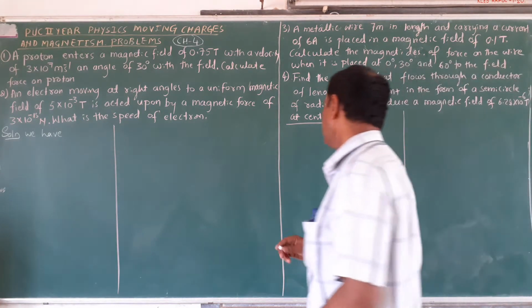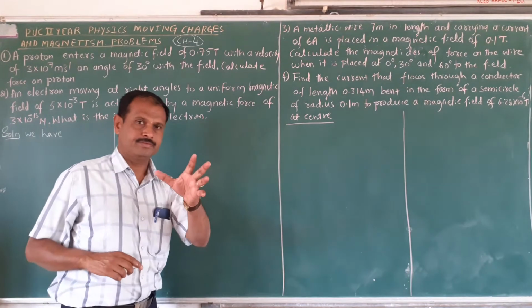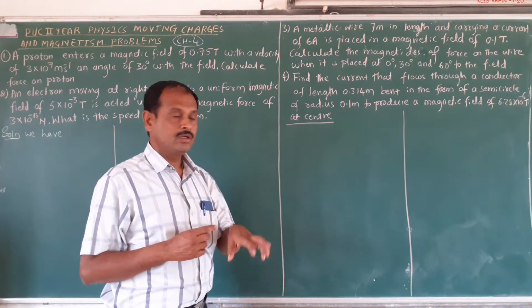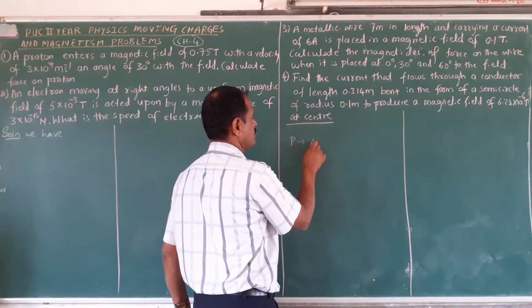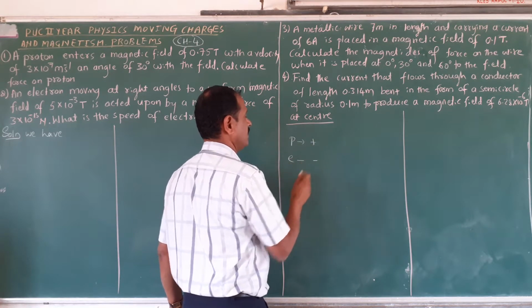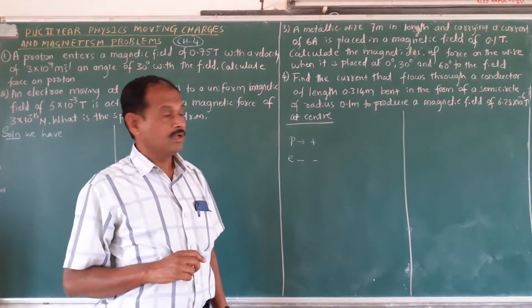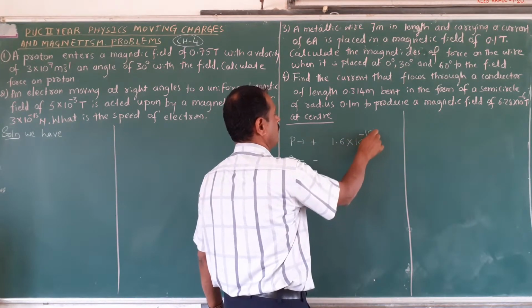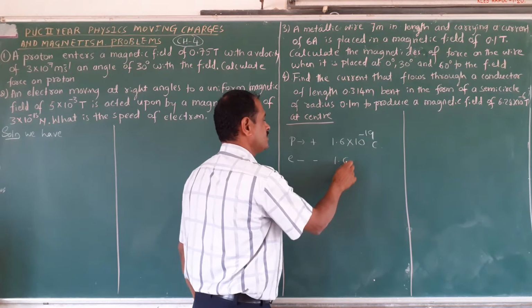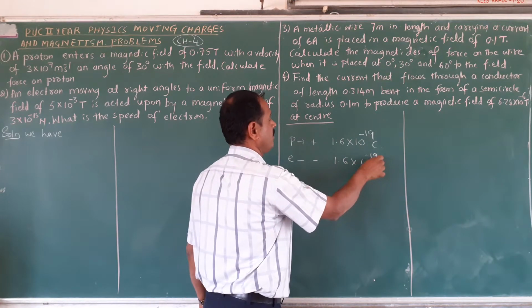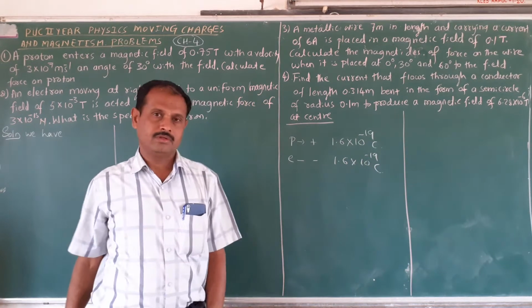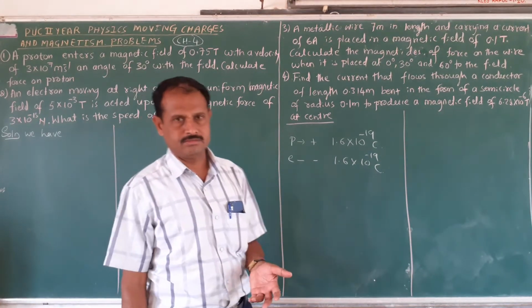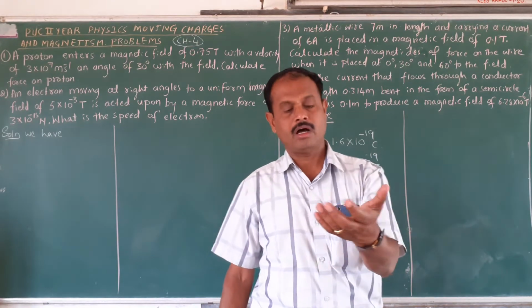First, remember that in an atom, the protons and neutrons are in the nucleus; protons have positive charge and electrons have negative charge. But the magnitude of the charge is 1.6 into 10 to the power of minus 19 coulomb for both. Both have the same magnitude of charge, but they are of opposite kind.